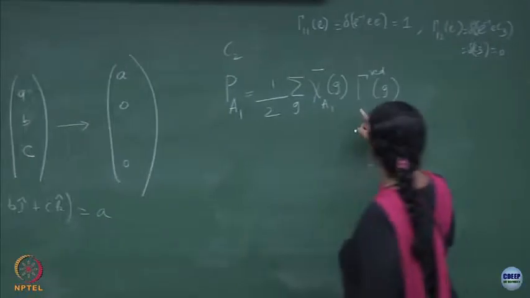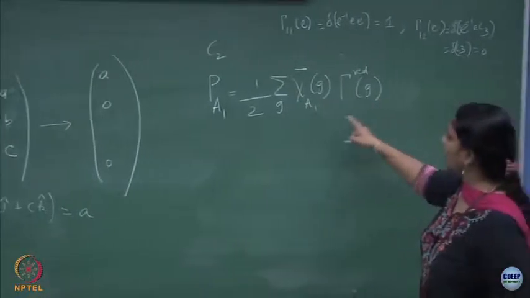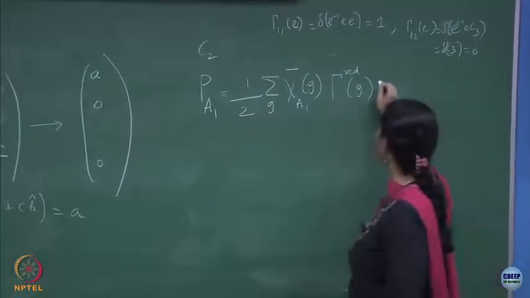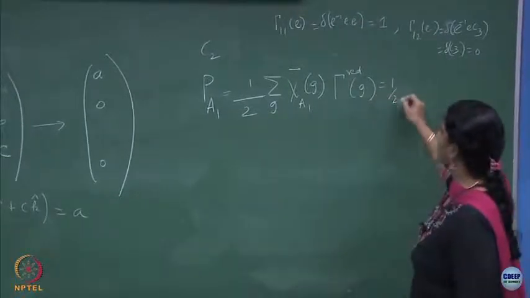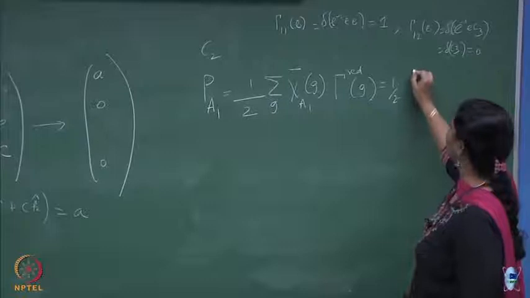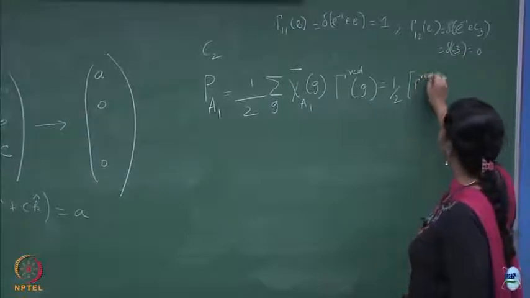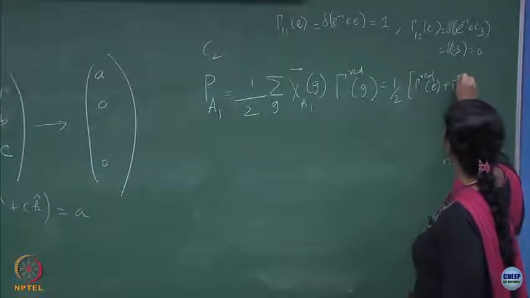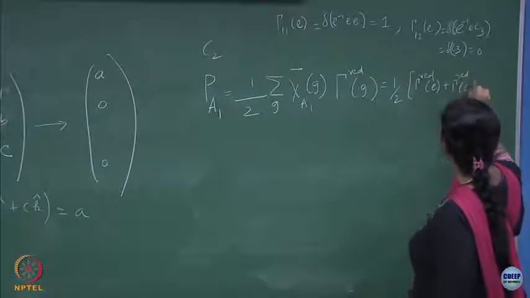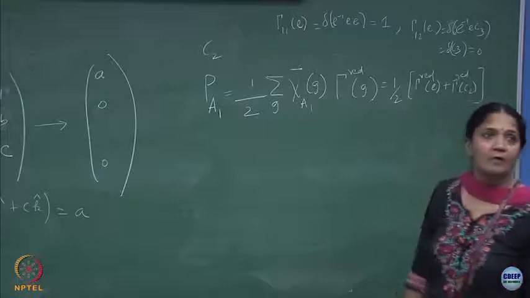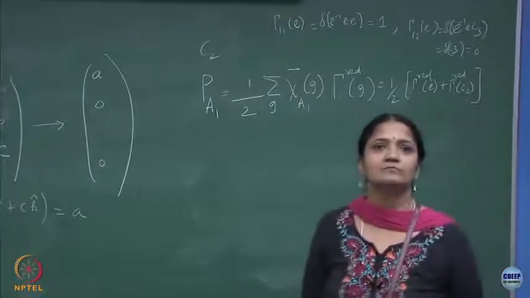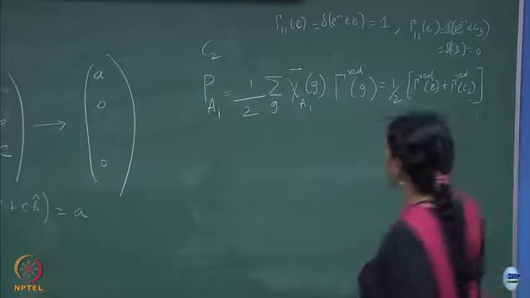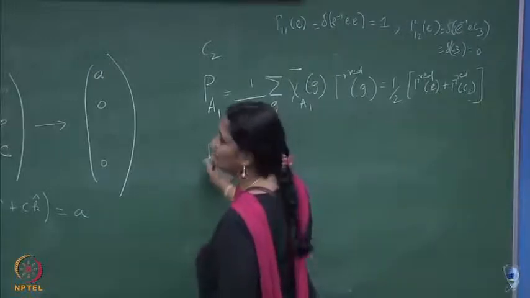So, I am not going to write what this gamma reduced is, but let me write this explicitly. What is this going to be? Half of... okay. What will be the projection operator for A2?